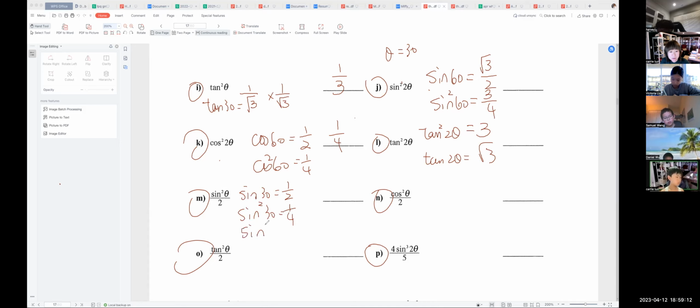And sine squared theta over 2 equals 1 over 8. Okay, so this one, cosine 30 equals square root 3 over 2, and cosine 30 squared equals 3 over 4, and cosine squared theta over 2 equals 3 over 8.